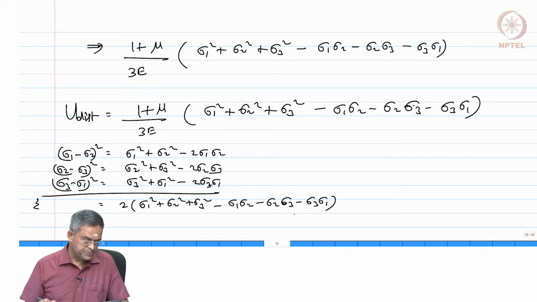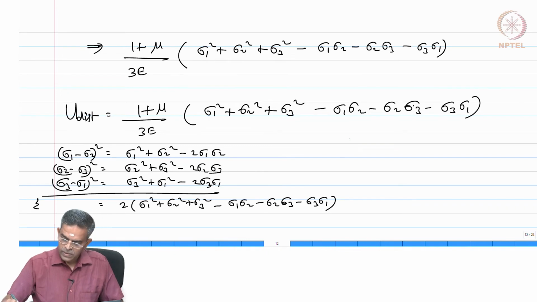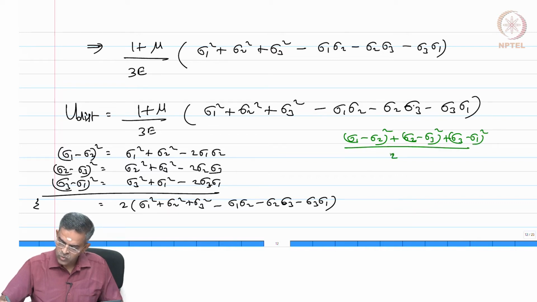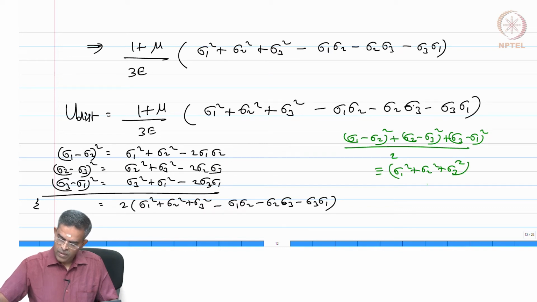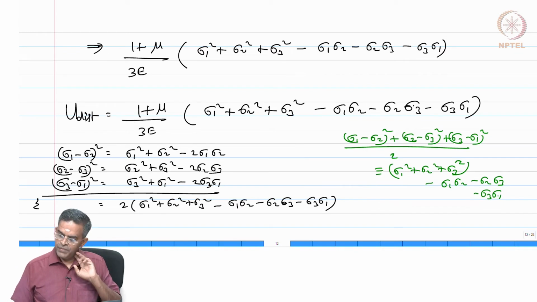Is it not? What I can say now is (σ1 minus σ2) the whole square plus (σ2 minus σ3) the whole square plus (σ3 minus σ1) the whole square by 2 should be equal to σ1 square, σ2 square, σ3 square minus σ1σ2, σ2σ3 and σ3σ1. Am I right? So, what do I have here?